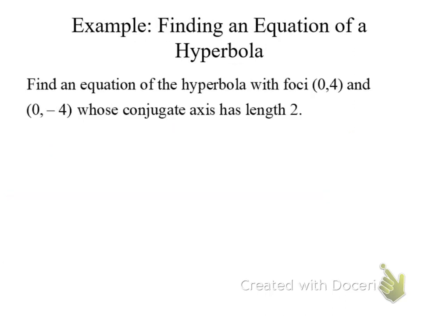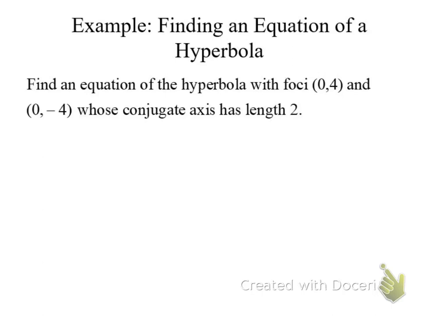So another thing we can do is go through and find the equation if we know its center. This one's still in the section where we're assuming the center is 0, 0. And so using the foci and the conjugate axis, which is kind of like the minor axis back for ellipses.